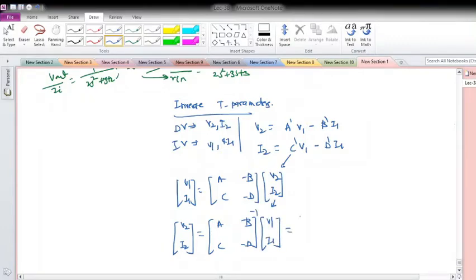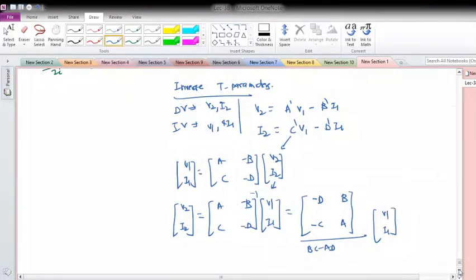This inverse you can take as: here minus D, this is B, that is the adjoint. Then here minus C, and this is A, divided by the determinant, which is minus AD plus BC, so BC minus AD, into the vector V1 and I1.